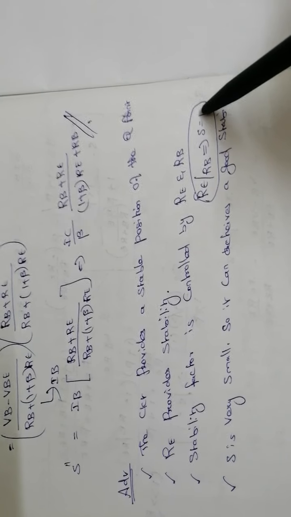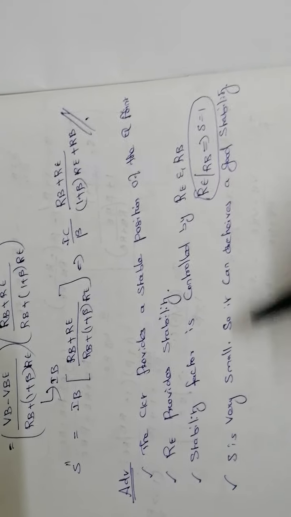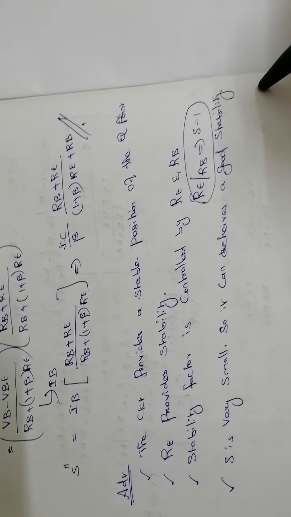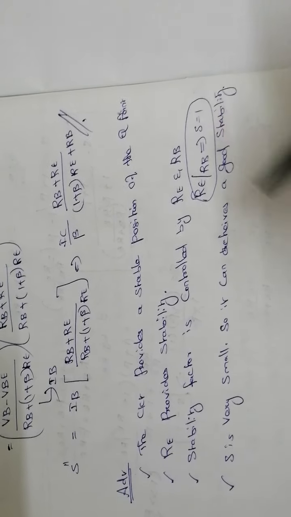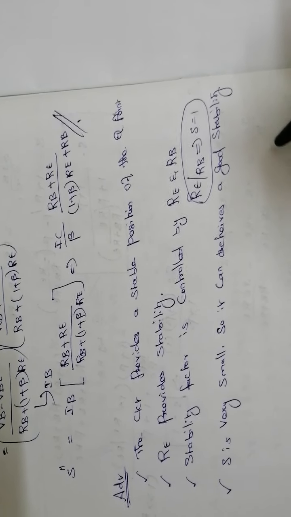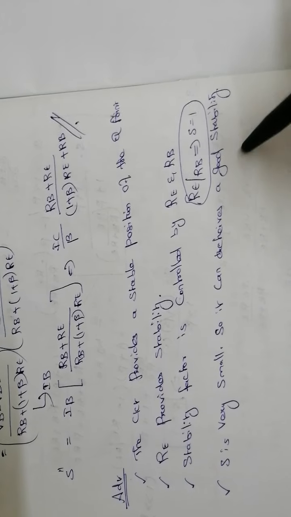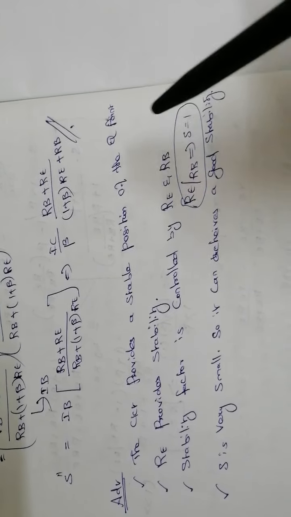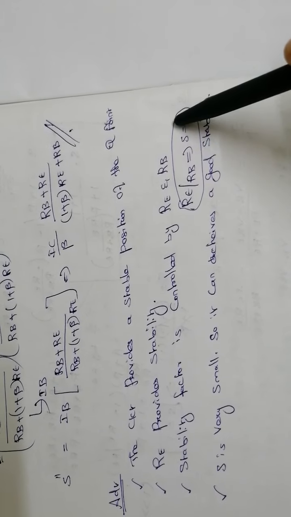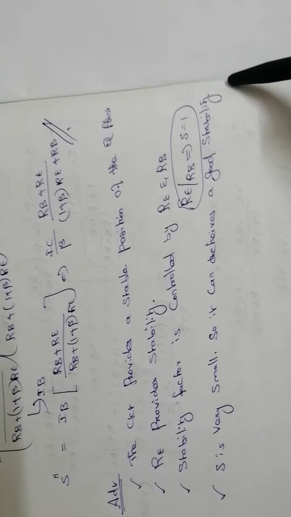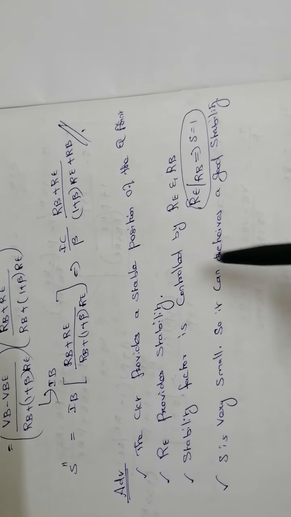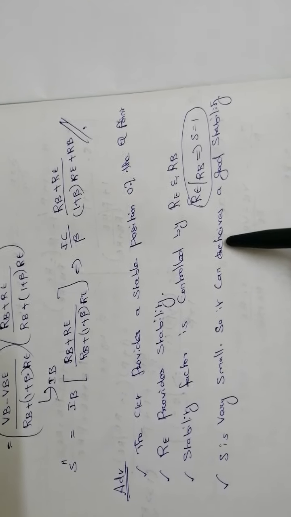The stability factor is controlled by these two resistances. Here S is very small, that is 1, so it can achieve good stability. Whereas in fixed bias, the stability factor S is equal to 1 plus beta. For example, if beta equals 50, the stability factor equals 51. But here the stability factor is 1. So the reduced stability factor produces better stability, right? So this is the advantage of the voltage divider bias circuit.